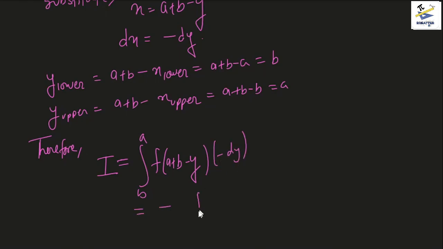So in other words, it becomes minus the integral from b to a of f of a plus b minus y dy.